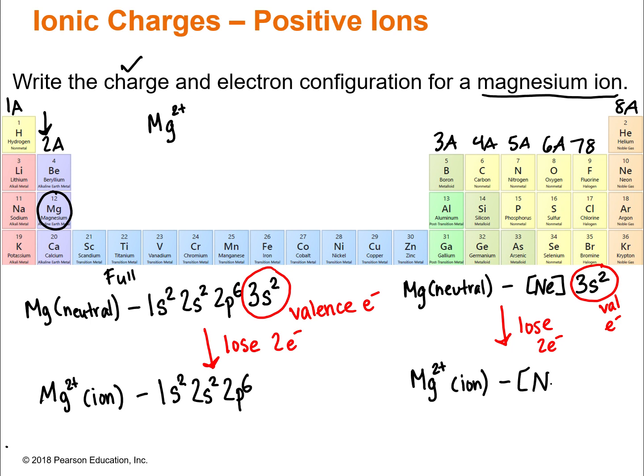It's just going to be the neon in brackets because we lost those valence electrons. So in terms of electrons, the magnesium ion looks like neon.